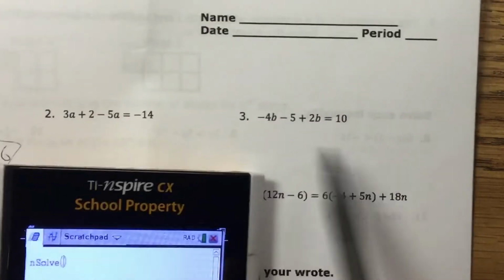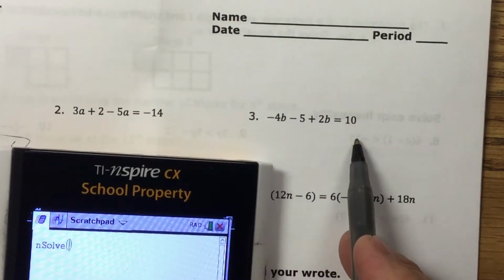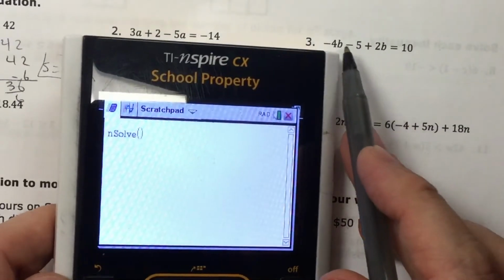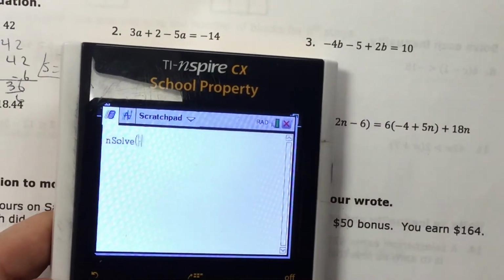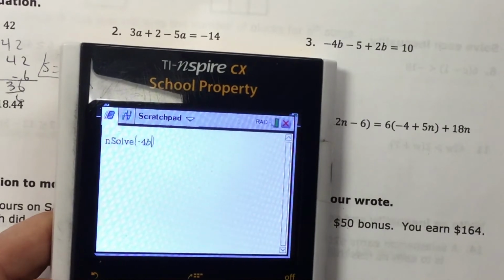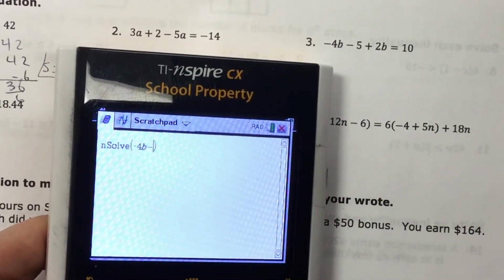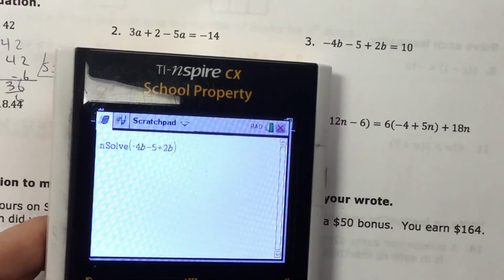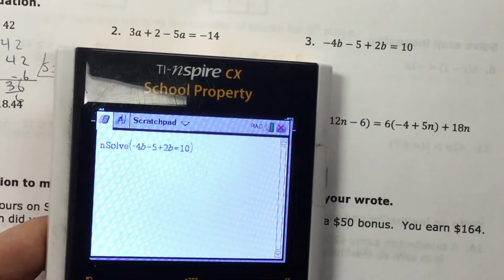So in solve, I'm going to type in the entire thing. Even the b, I don't have to change it to x. I can use b. So negative 4b minus 5 plus 2b equal sign 10. I'm not done yet. Okay, first I check to make sure everything's right.